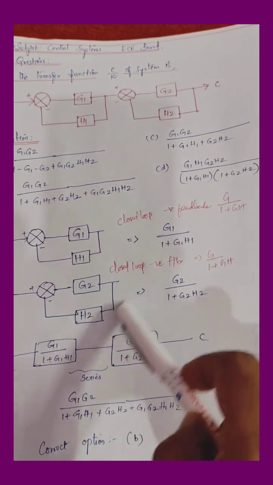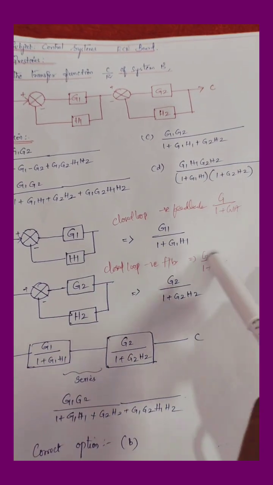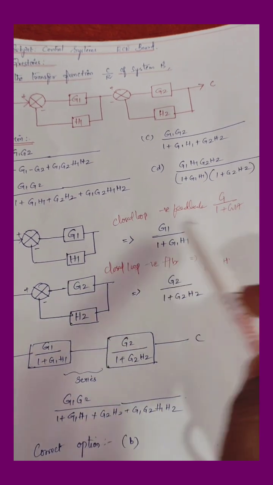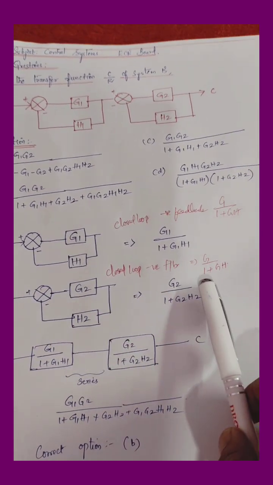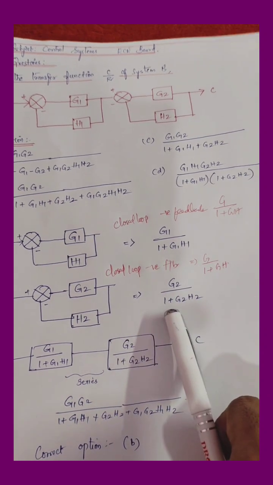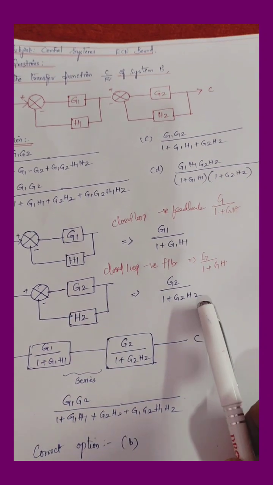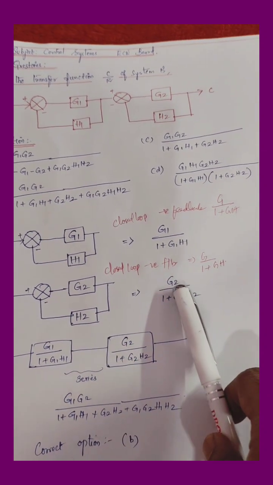Use this formula and change the terms like this. Therefore, it is G2 divided by 1 plus G2 into H2. This is the final answer.